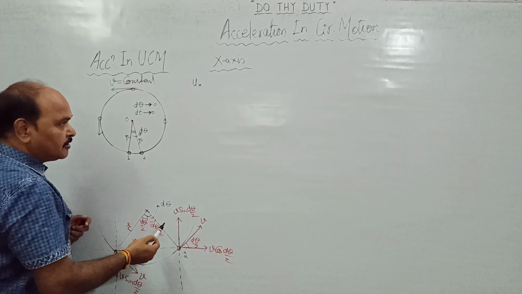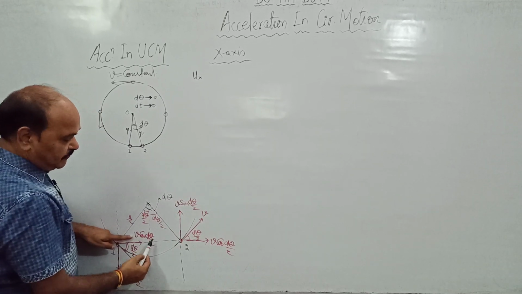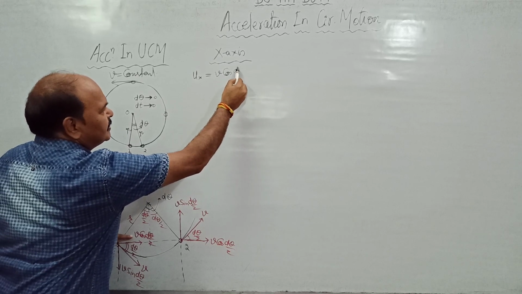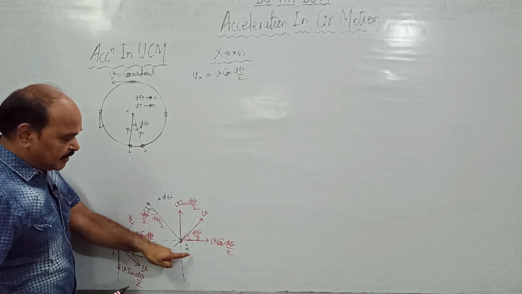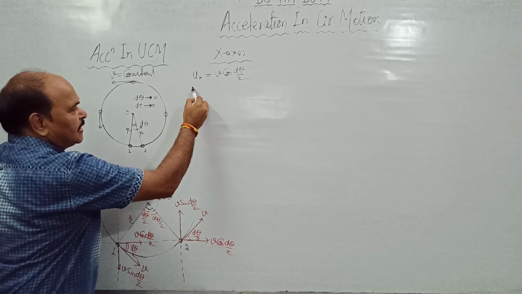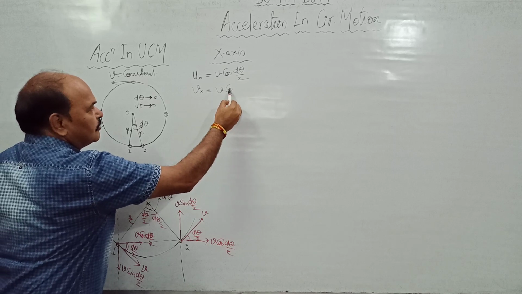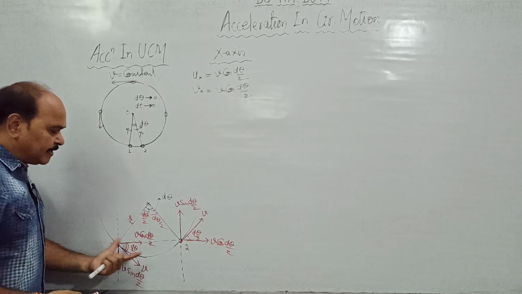So initial velocity along x-axis at point 1 is v cos of d theta by 2. And what is final velocity? That is at 2. Final velocity along x-axis at 2 is v cos of d theta by 2. See, both the velocities are same.